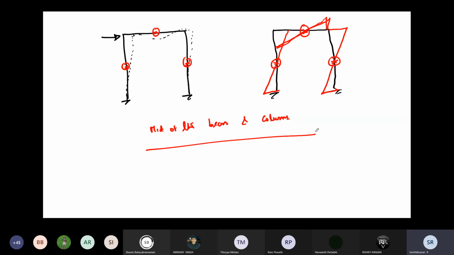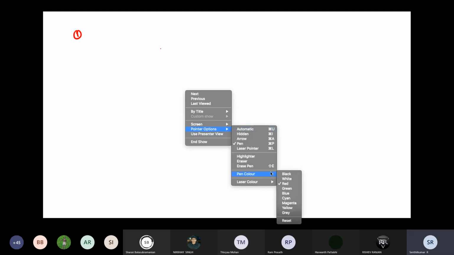Okay. So the thing is, to get a proper idea, what you can do is take two frames. Just take this as a homework to make you understand more.